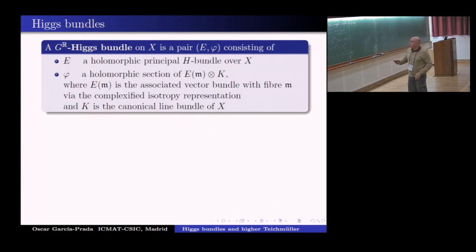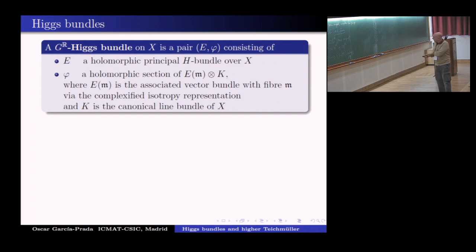So what is a G_R Higgs bundle on a Riemann surface? It is a pair (E, φ), where E is a holomorphic principal H bundle over X, and φ is a holomorphic section of the bundle E_M, the bundle associated to the principal bundle via this representation.